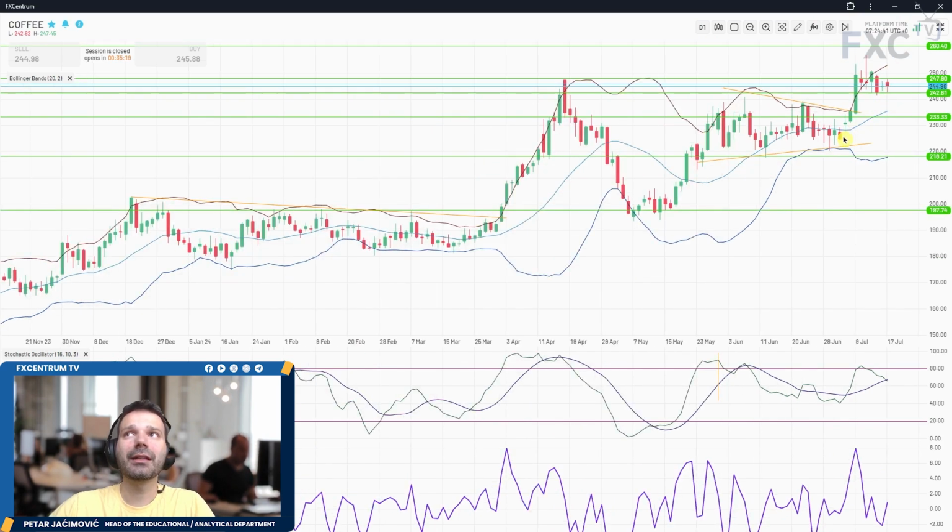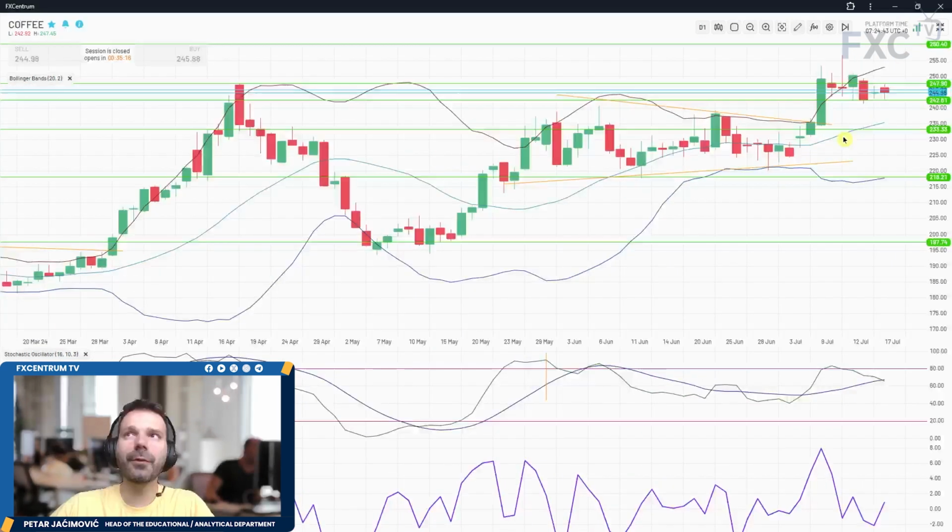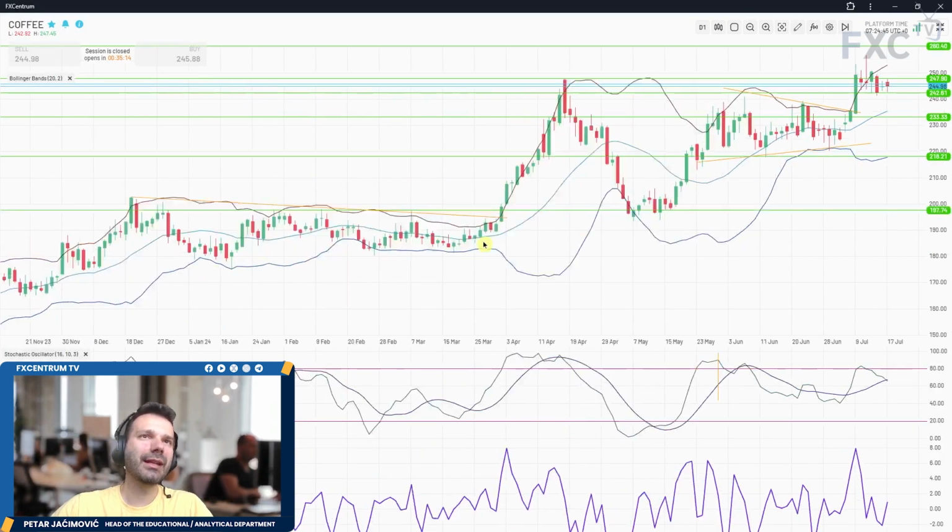And then the next upside objectives are set to 260.40. I always say when we have a breakout, something like we had here, for example, at the end of March this year, it's good to have some profit objective fixed and then trail the rest. So use the trail function to get the most of the move, because we don't know exactly how much market can give.